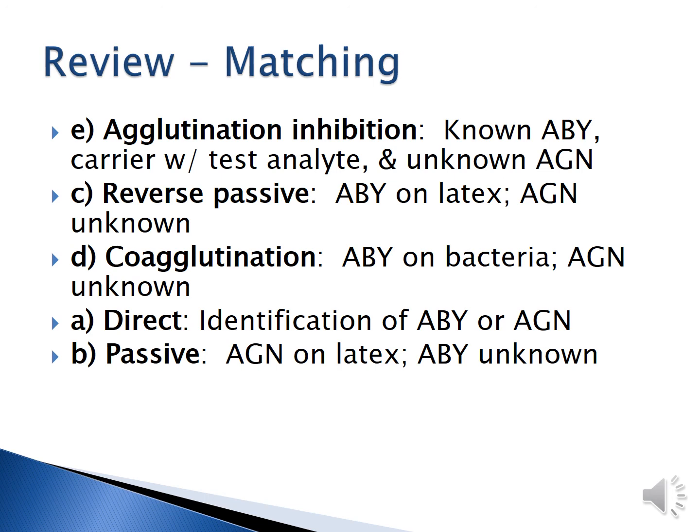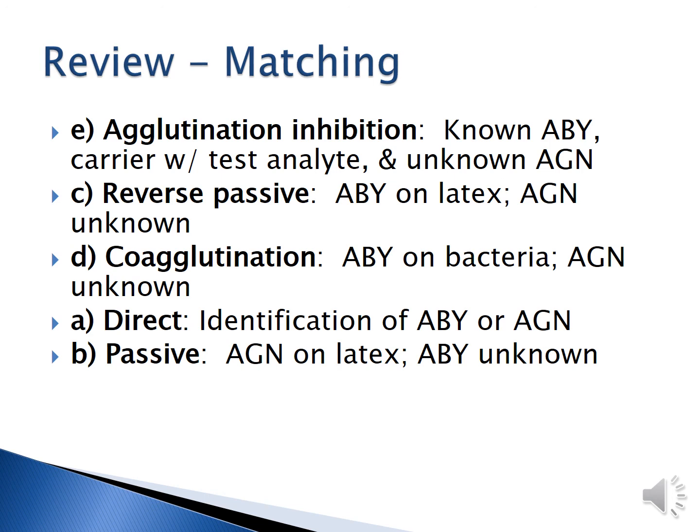This would be agglutination inhibition. Antibody on latex and an antigen unknown. This would be reverse passive agglutination. Antibody on bacteria and an antigen unknown. This would be coagglutination.